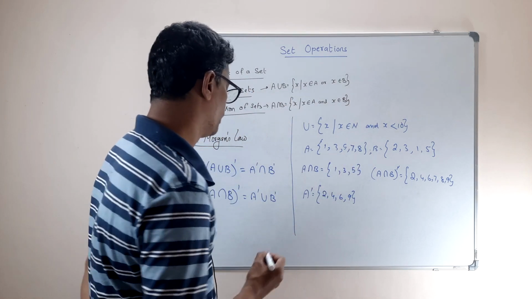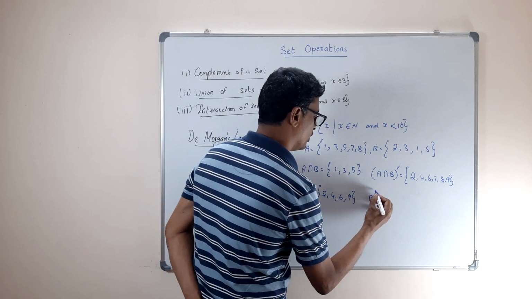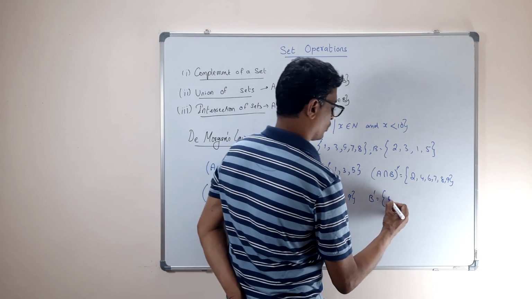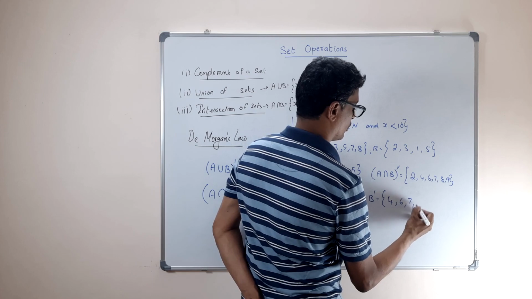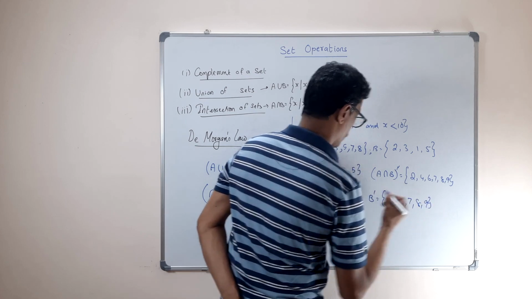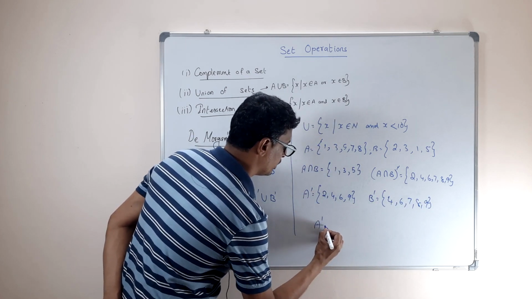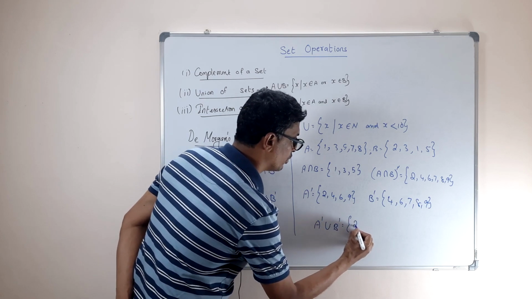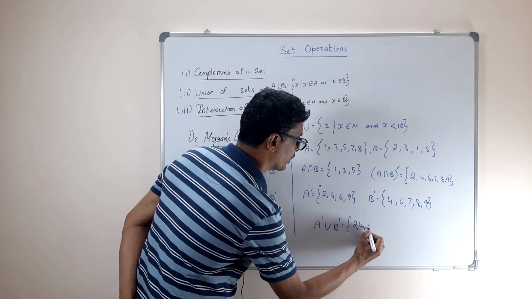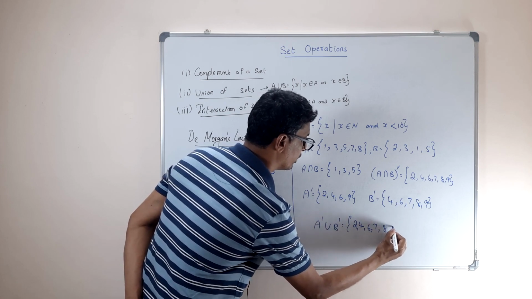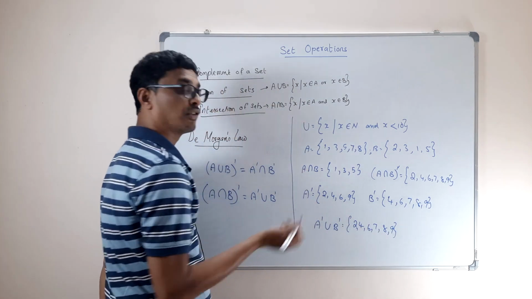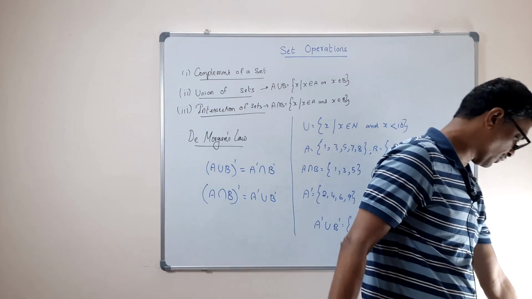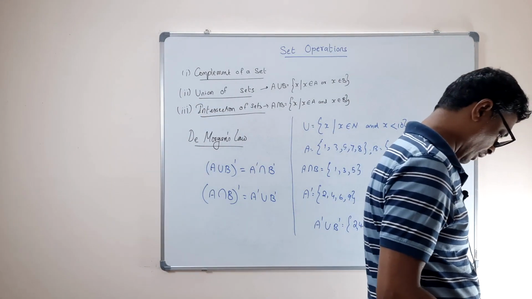Complement of B: 4, 6, 7, 8, 9. What is A complement union B complement? 2, 4, 6, 7, 8, 9. Am I right? Are they both the same? Yes. So that's also proved. De Morgan's law can be proved.